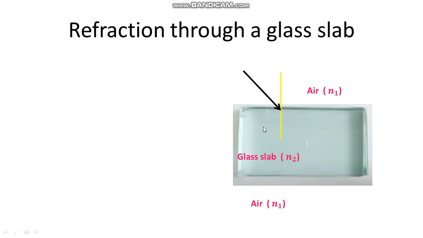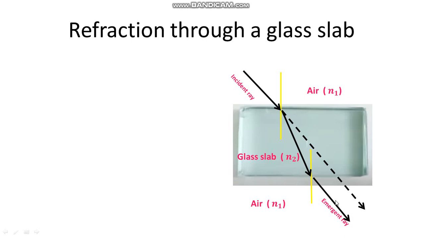What happens here? It bends towards the normal. So at the first surface, refraction takes place. Now this refracted ray acts as an incident ray for the second surface. Here light travels from denser medium to rarer medium. Then what happens? It bends away from the normal. So this is the incident ray and this is the emergent ray.